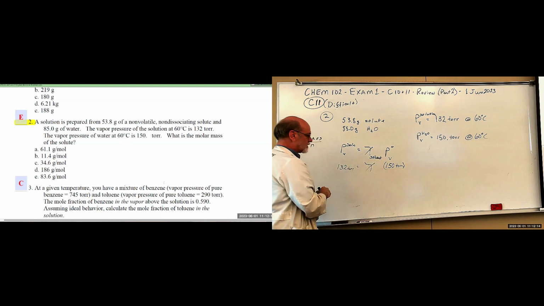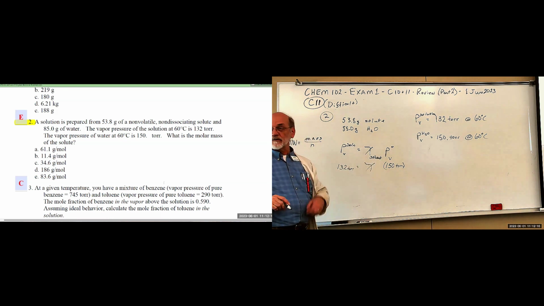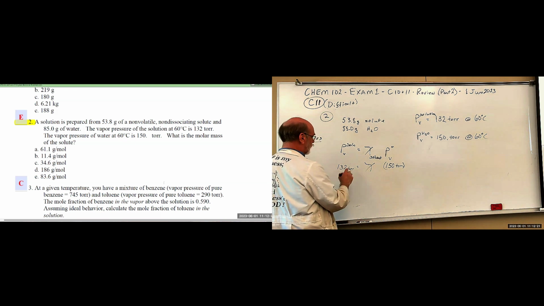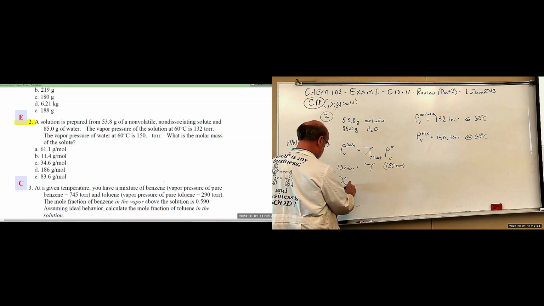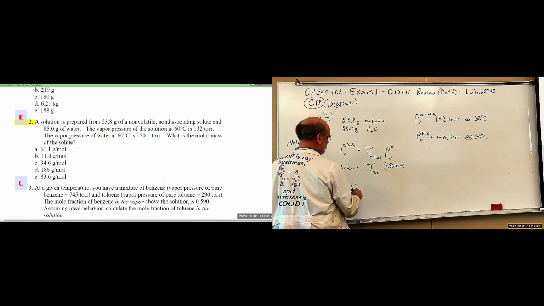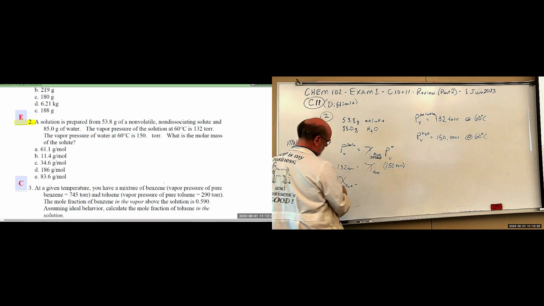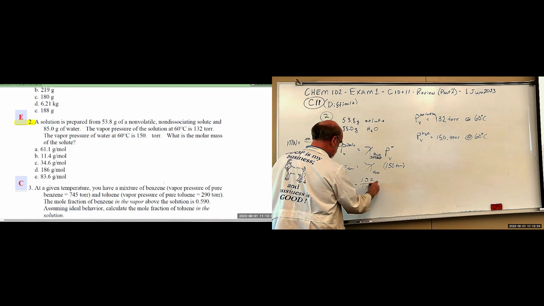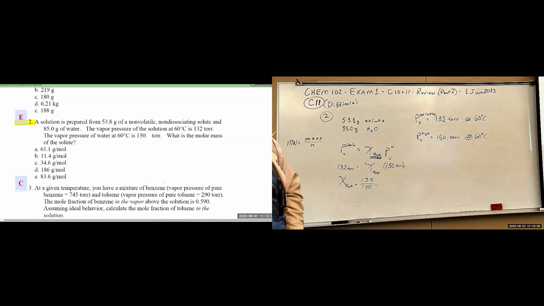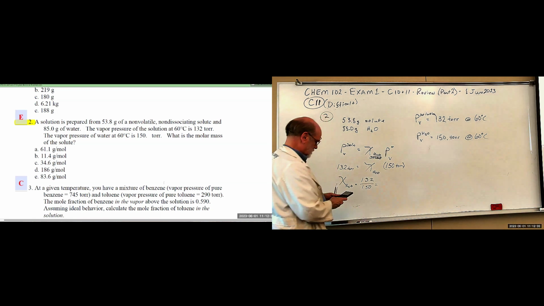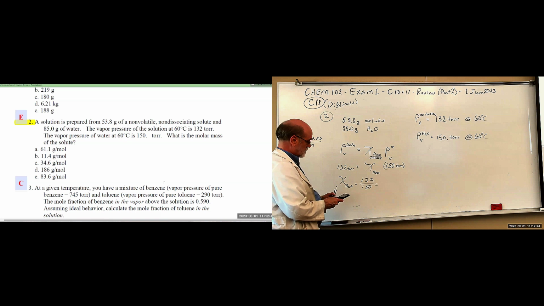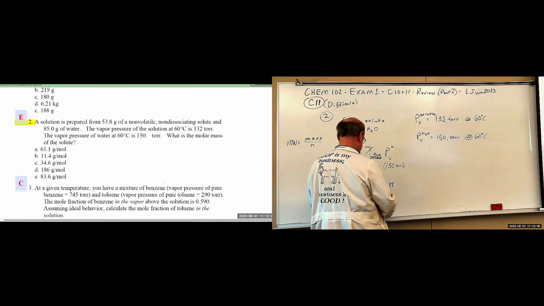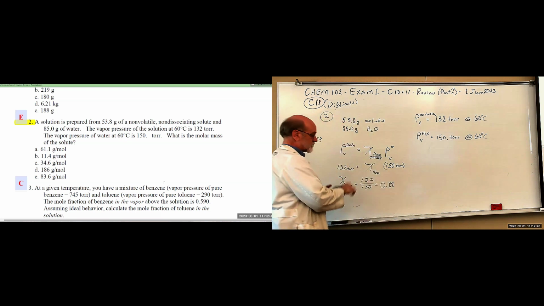So what's the mole fraction? The mole fraction is 132 divided by 150, correct? So the mole fraction of water is equal to 132 divided by 150, which is 0.88. That's a dimensionless number.